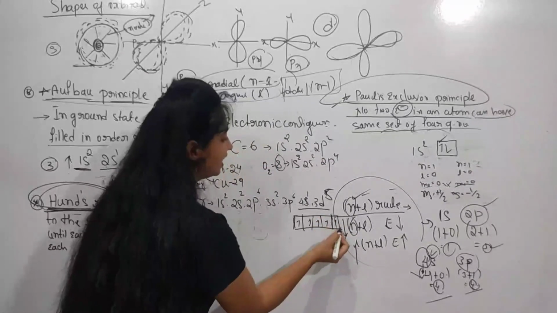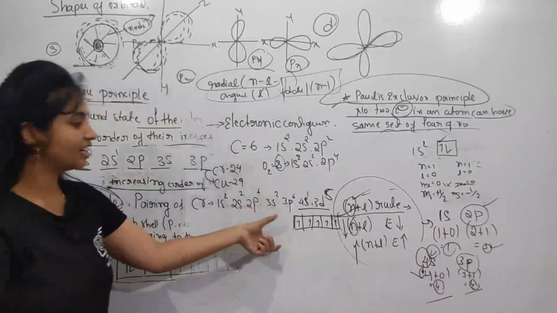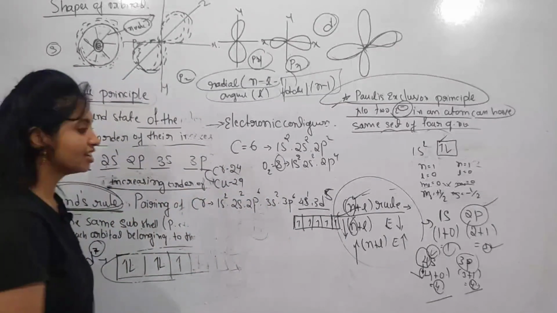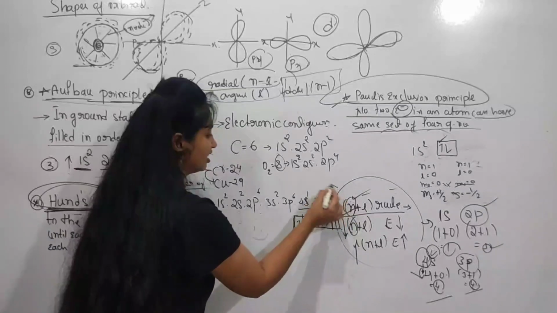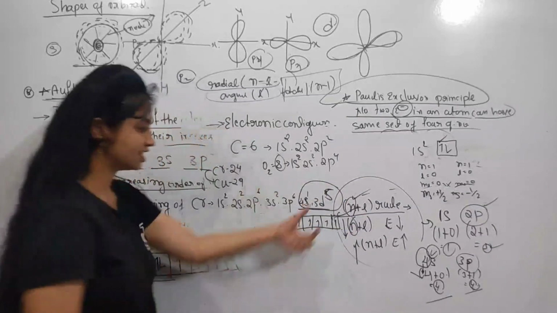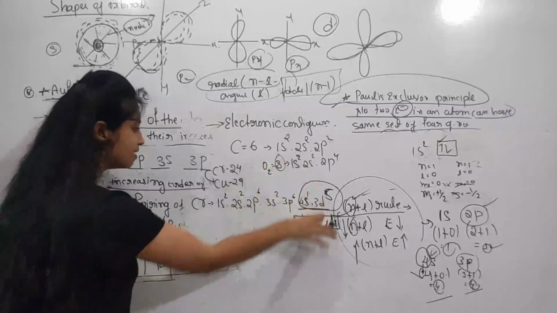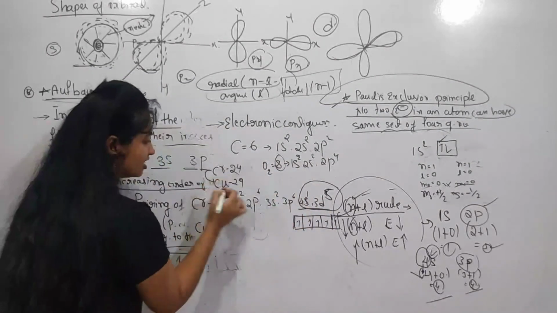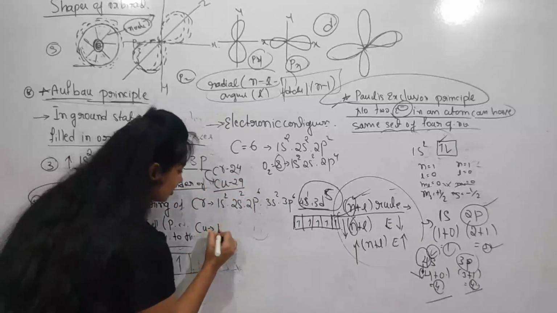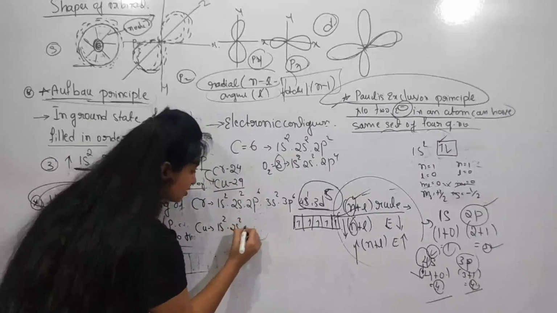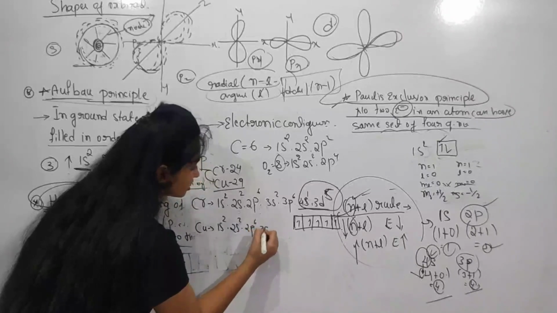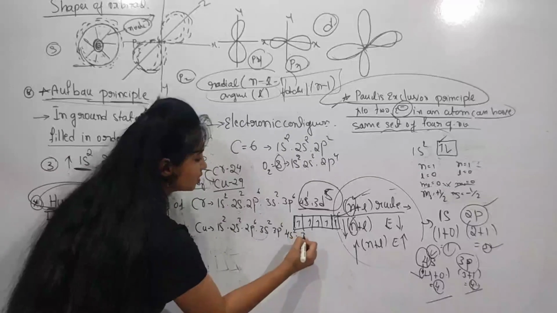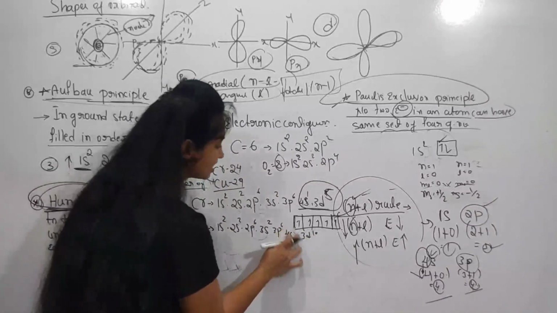Like this, completely half-filled orbitals give extra stability, or more stability, to the atom. So to attain this stability, this exception takes place. The same is true in copper also. 29 is the atomic number, meaning 29 electrons: 1s2, 2s2, 2p6, 3s2, 3p6.